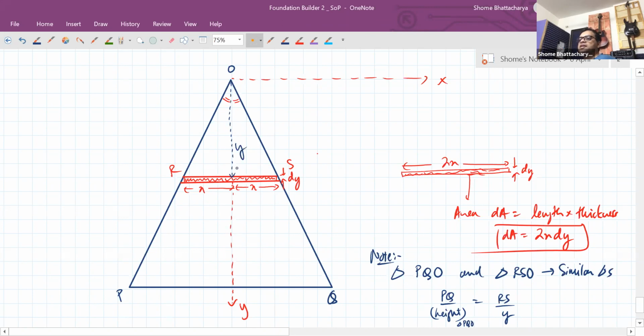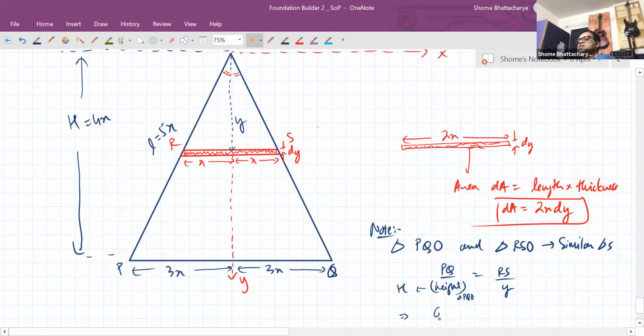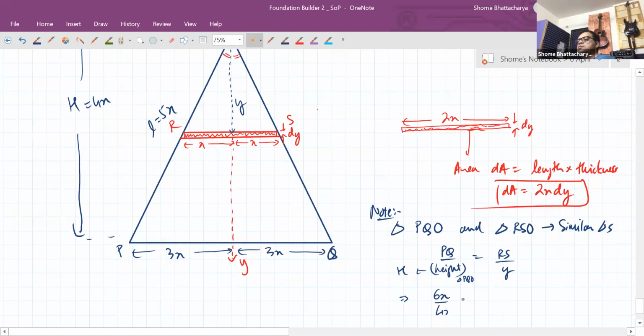Now you'll remember, in the triangle PQO, what was the height? This length we had taken as 5x, so this was 3x, 4x. So this height was 4x. So 6x, which is PQ, divided by 4x, which is the height, is RS, which is 2x.